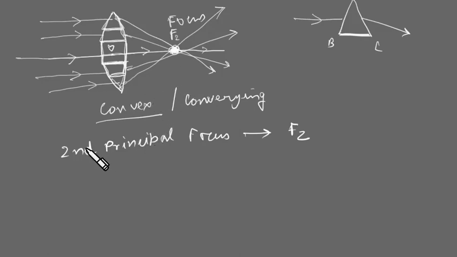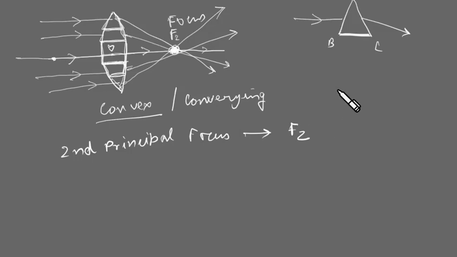Alright. Now what is the first principal focus then? Of course, we have drawn the light coming from the left hand side in this case. Light can come from the right hand side also, right? And from the property of reversibility of light, we can imagine that such a focus must be present on this side also, on the other side of the lens, right?